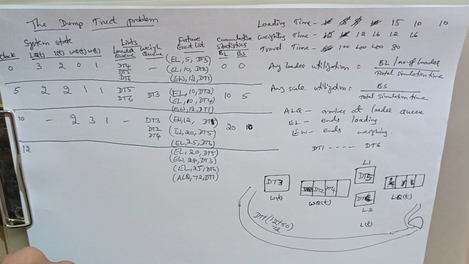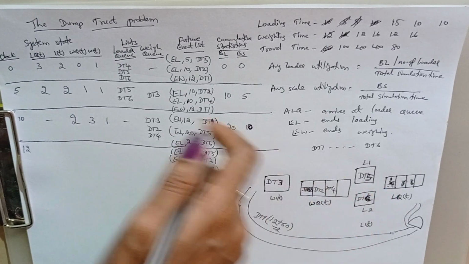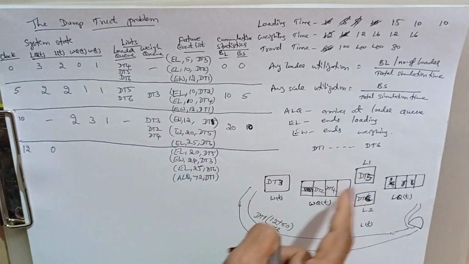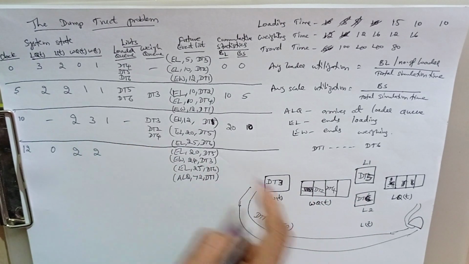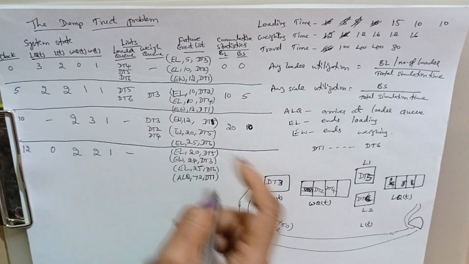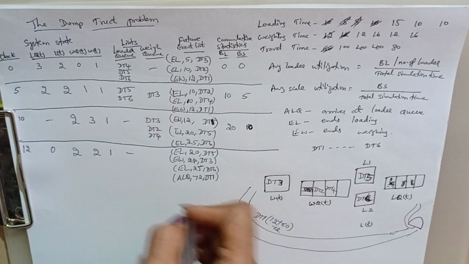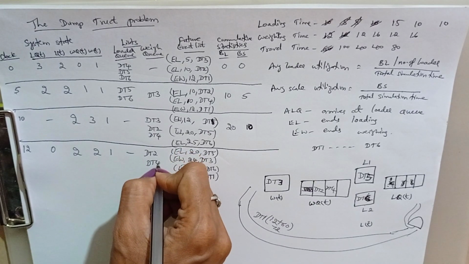Now we'll write this statistics. In loader queue, no one. In a queue and 2 loading, yes, and 2 weighing queue and 1 on weighing machine. What are all the trucks on weighing queue? That is truck 2 and truck 4.